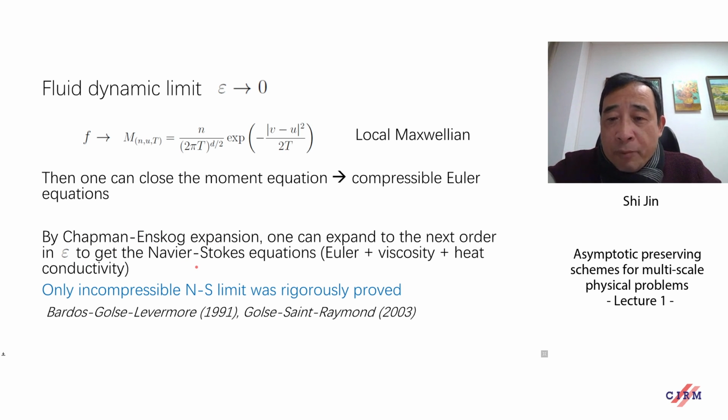It's a non-trivial expansion, but you can get it. Again, the rigorous justification of this limit is very, very difficult, and only the incompressible Navier-Stokes equations can be rigorously proved. That program was started by the celebrated work of Bardos, Golse, and Levermore, and completed by the milestone work of Golse and Saint-Raymond, but only for the incompressible limit.